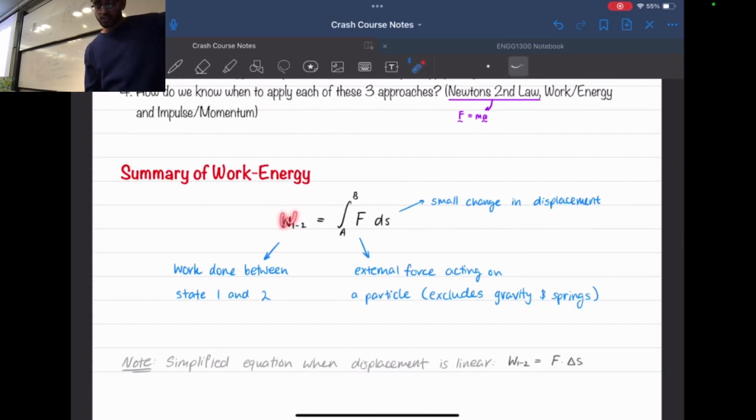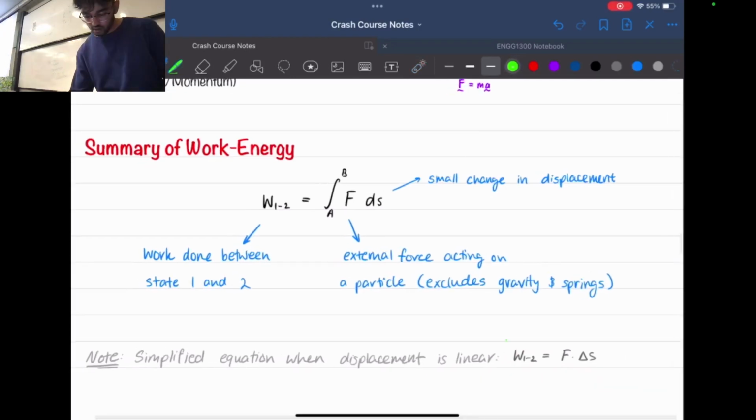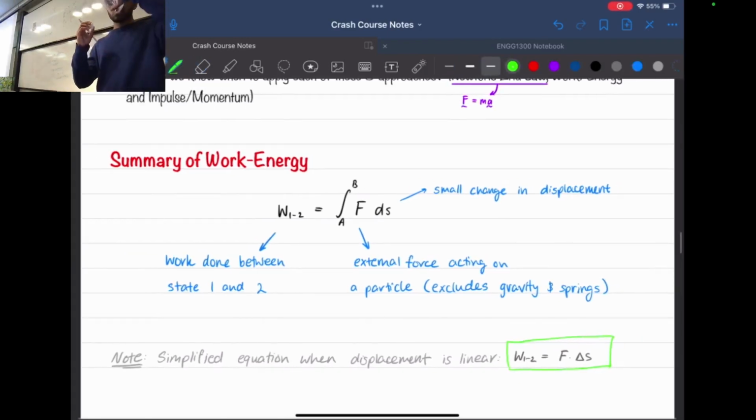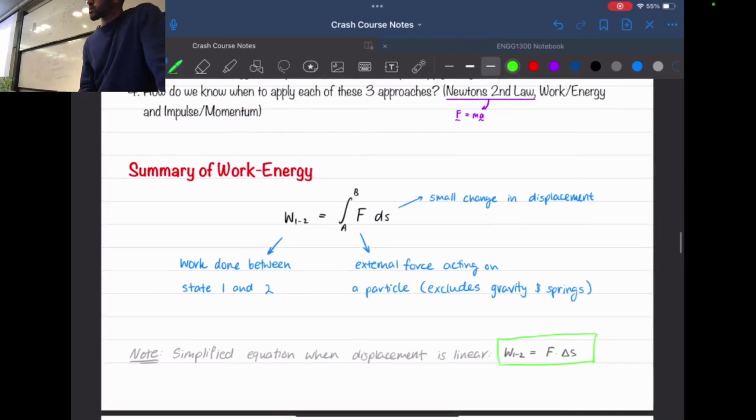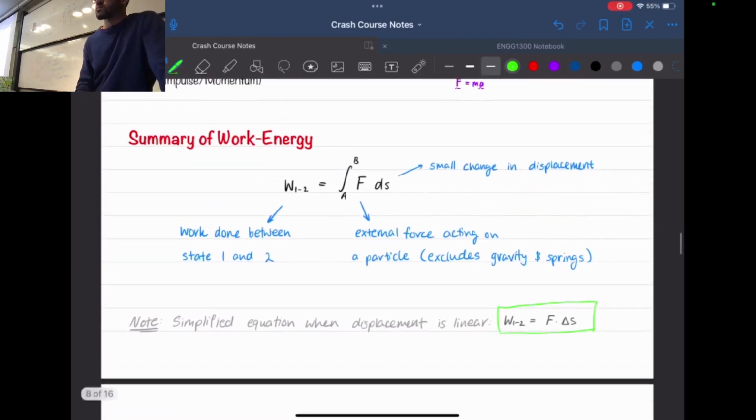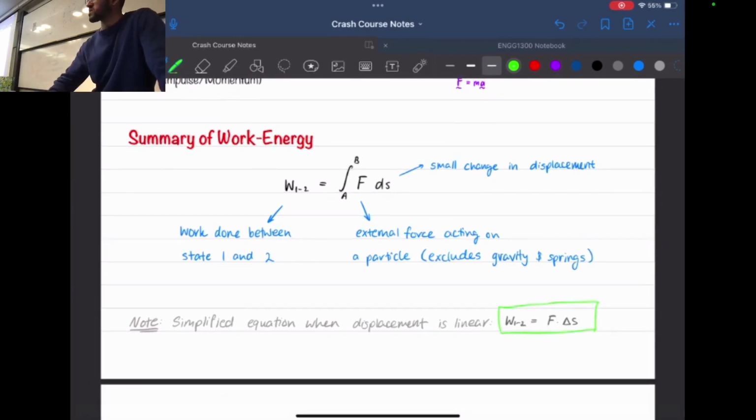The work between state 1 and 2 is equal to the integral of the force with respect to displacement, between points A and B. If displacement is linear, we get this formula over here. Can I move on? Yeah? Okay.